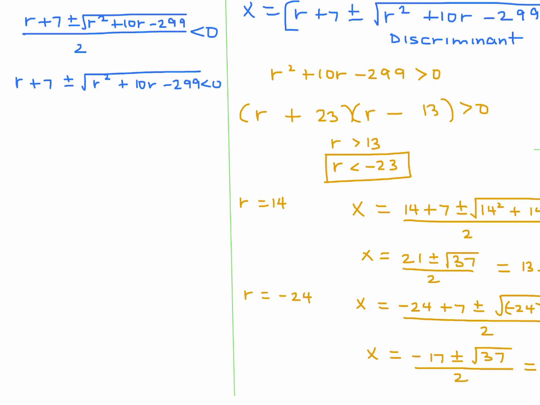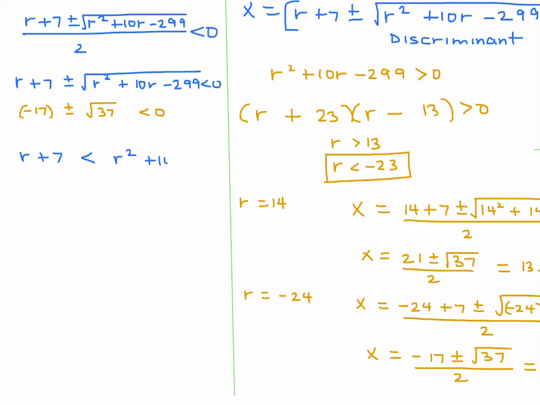Now at this point I'm going to compare a little bit to make it easier to understand with what I did over here. So for example, the r plus 7 is represented here by minus 17, right? So I'm just going to put that in there just so you know what's happening here. And then this part, the radical, was this guy, root 37. And that has to be greater than 0, right? So continuing with the r's, what I'm going to do is put that on the other side.